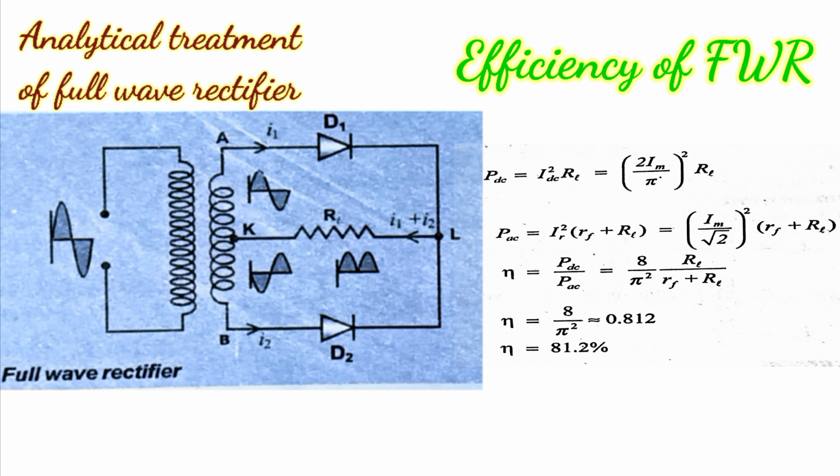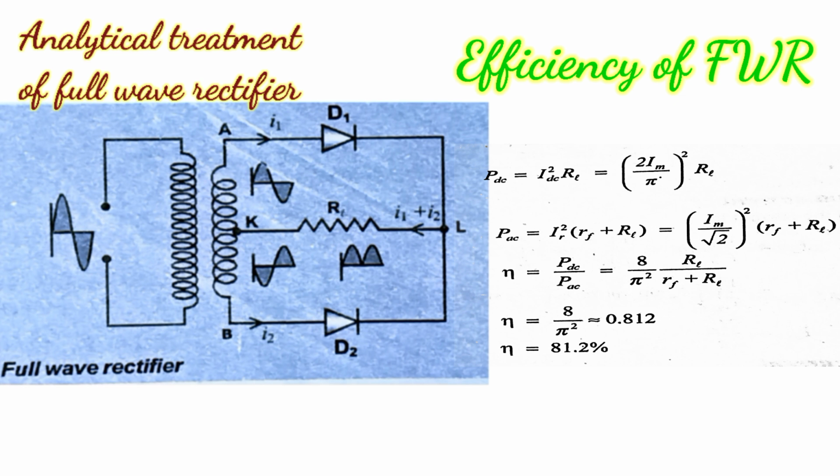So efficiency eta equals PDC upon PAC, equals 8 upon pi square into RL upon (Rf plus RL). For an ideal PN junction, Rf equals 0. So eta equals 8 upon pi square, nearly equal to 0.812. So efficiency eta equals 81.2%.